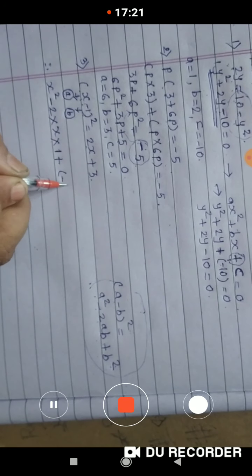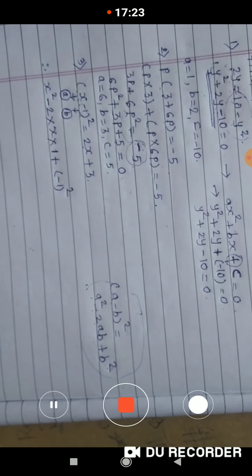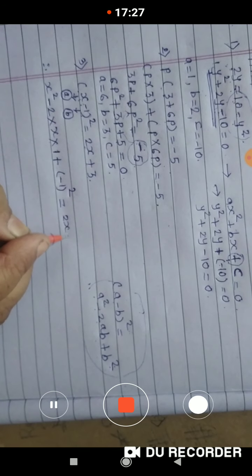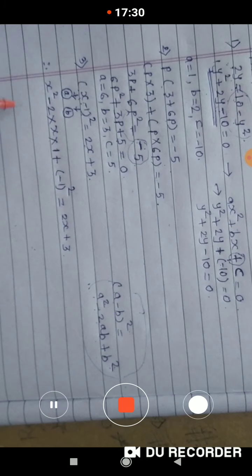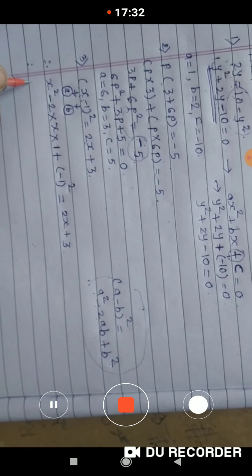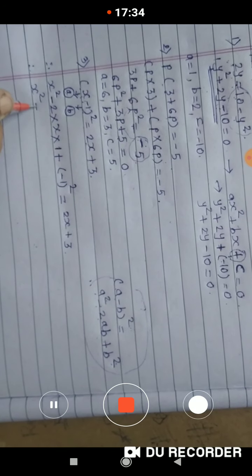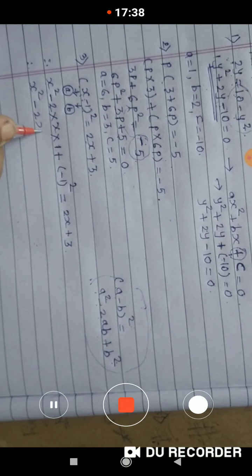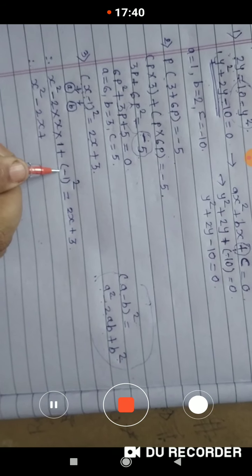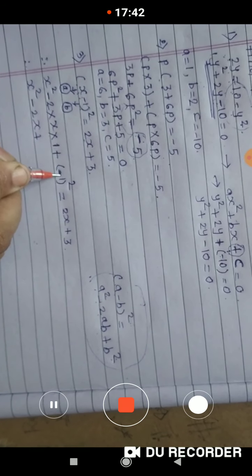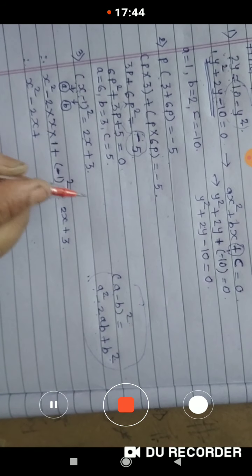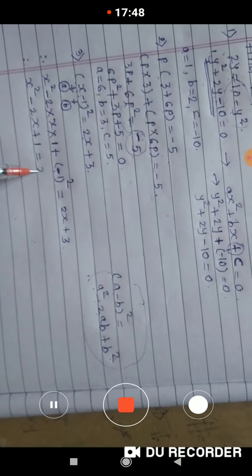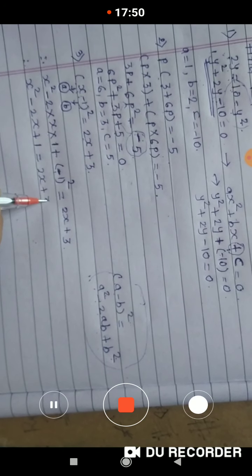That means here (x minus 1) bracket square is equal to twice x plus 3. Understand? Now see, therefore x square minus twice x into 1, twice x plus. Now the square of negative numbers is positive. That means the square of minus 1 is plus 1, is equal to twice x plus 3.